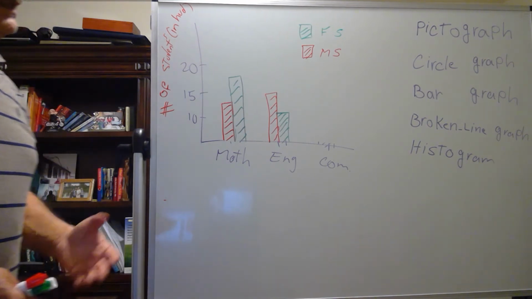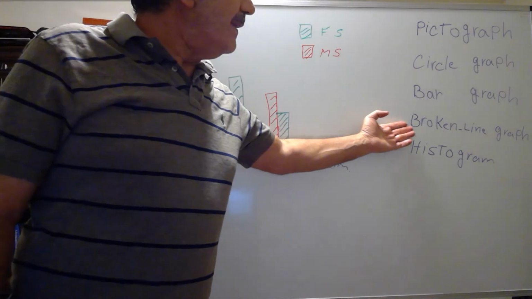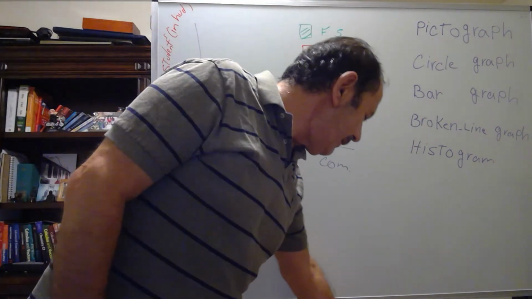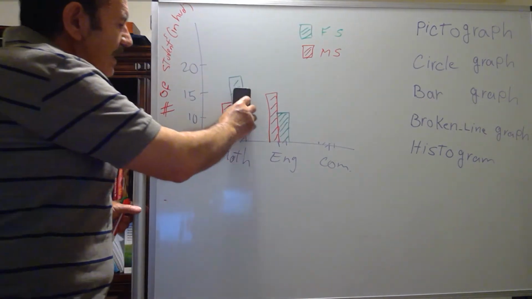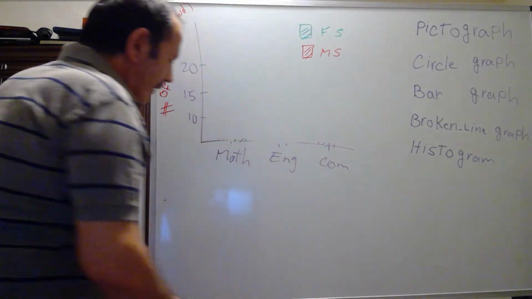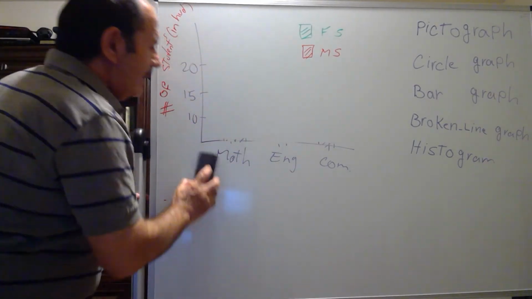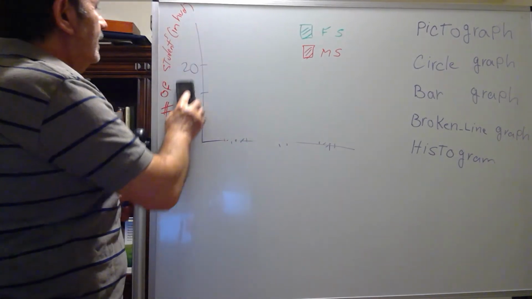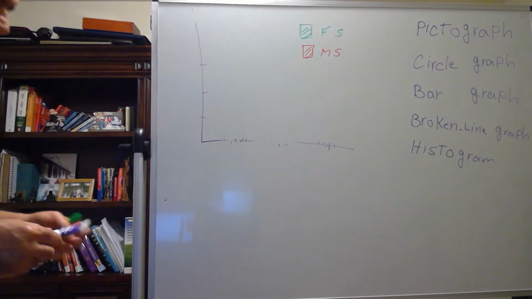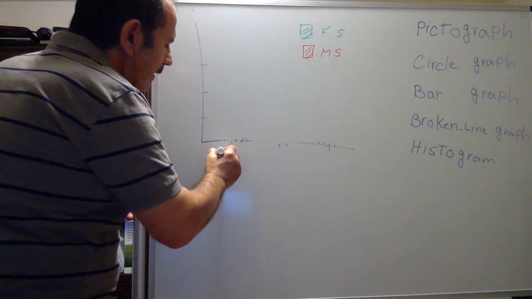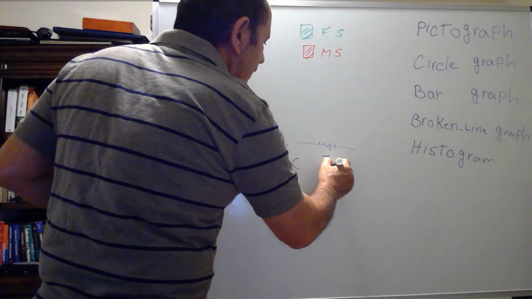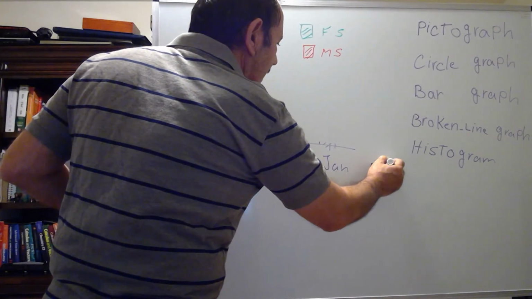Okay. The other type of graph that we have is the broken line graph. What it means is that in a broken line graph, we show the information in dot format. Let's say again, if I go back to the snowfall in different months, let's say in November, December, January and February as an example.